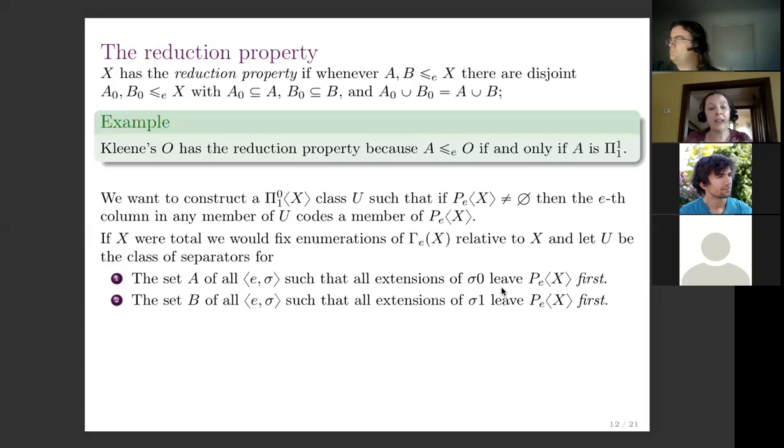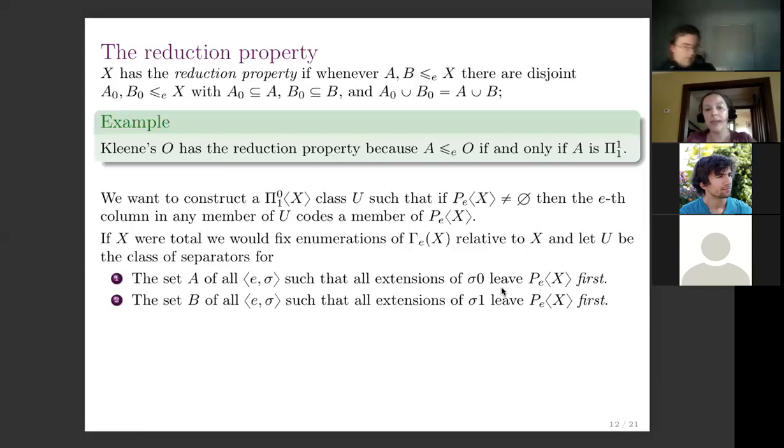And then we'll put in A all pairs e, sigma such that all members extending sigma 0 are kicked out of the eth class first relative to that fixed enumeration. And put the pair in B if all members extending sigma 1 are kicked out first. So this "first" is important because it keeps our sets A and B disjoint.